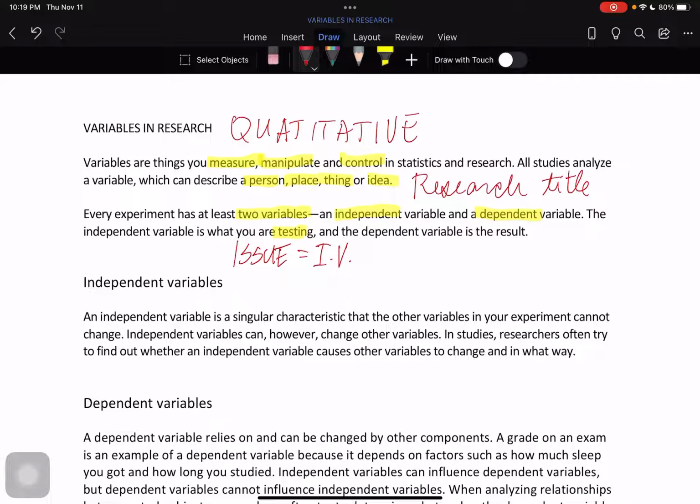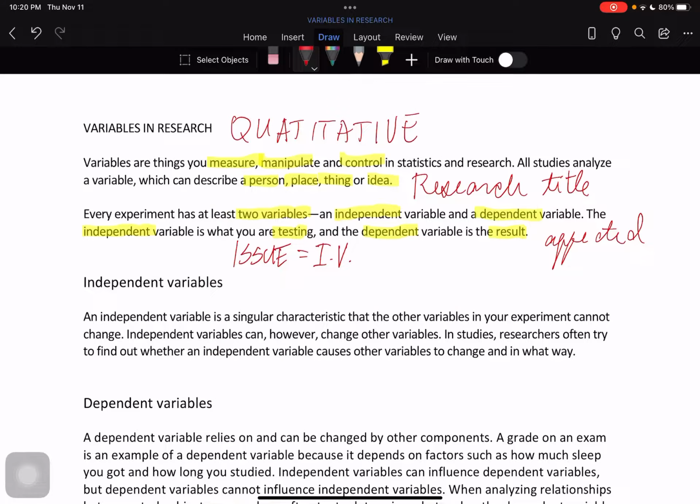There are other characteristics of an independent variable aside from what we have mentioned. On the other hand, the dependent variable is the result. Aside from the result, it is what is affected by the independent variable. So the issue being investigated is identified as the independent variable, while the variable that is affected by the issue is what we call the dependent variable.